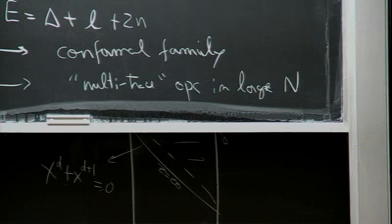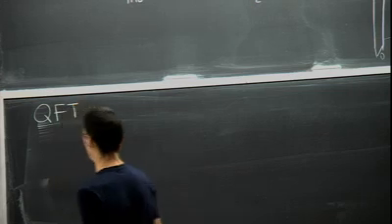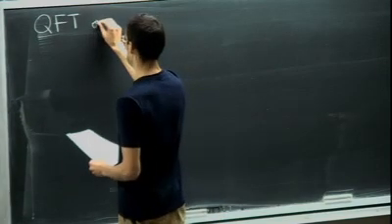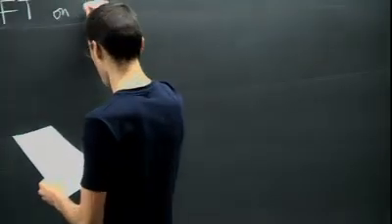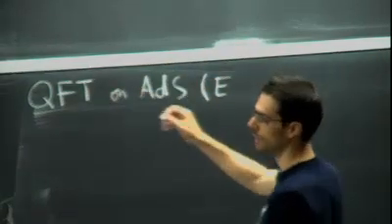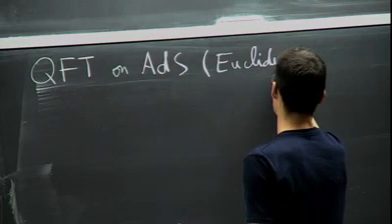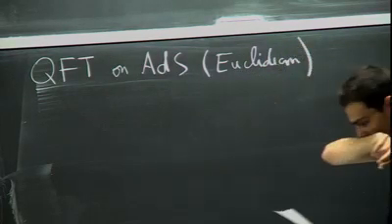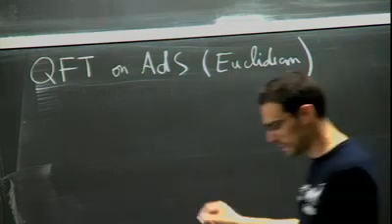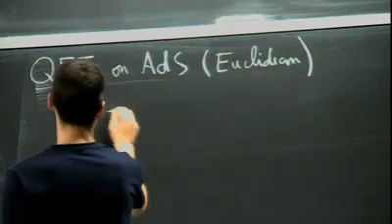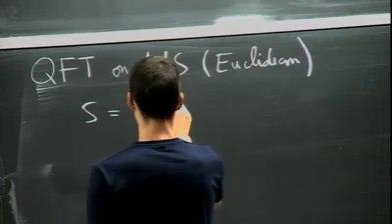Any questions about this? Good. So now I want to study more directly quantum field theory on this AdS space, and I close the Lorentzian parenthesis, so I go back to Euclidean. Okay, and I'll continue with this scalar field.